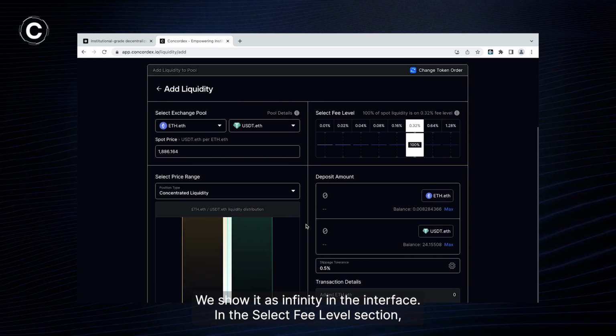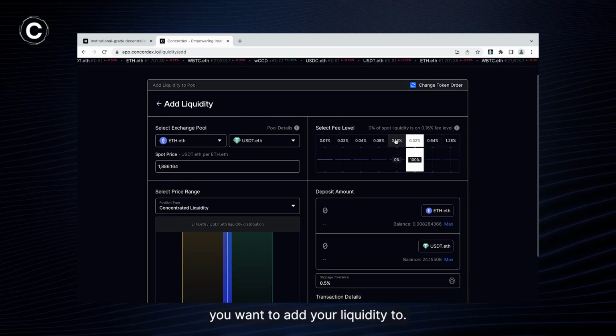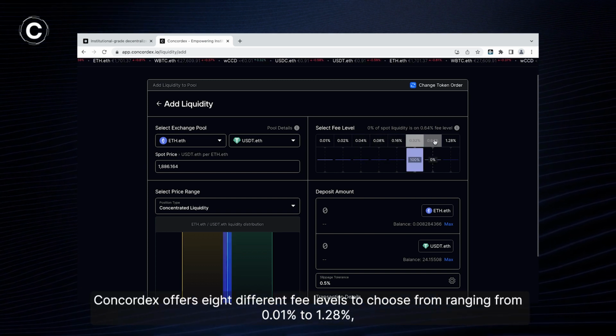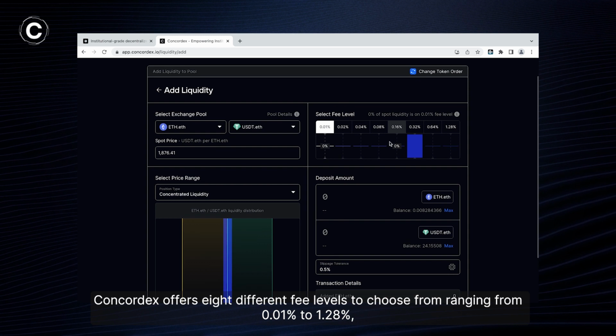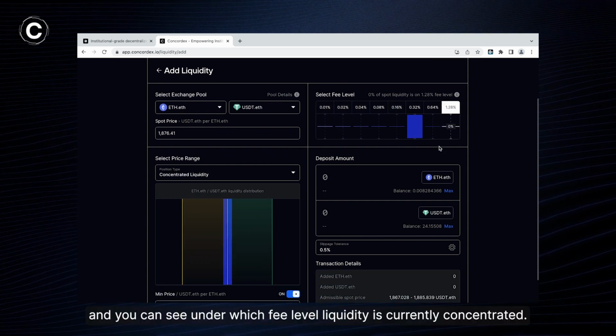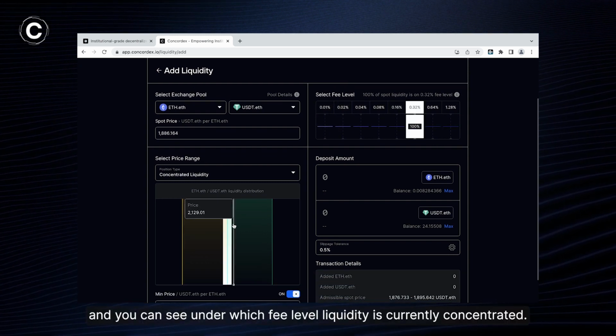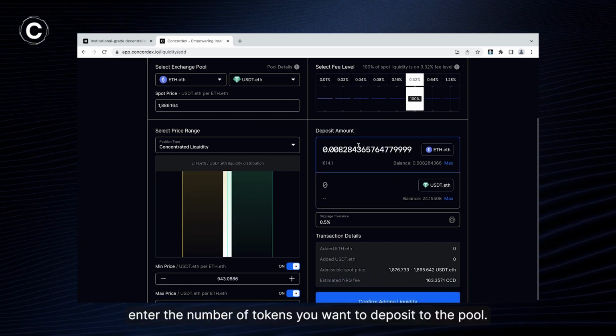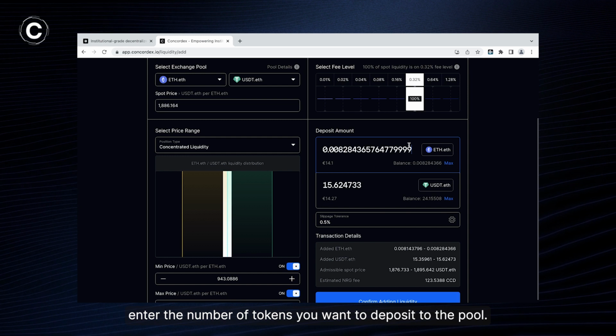In the Select Fee Level section, select a fee level you want to add your liquidity to. Concordex offers 8 different fee levels to choose from, and you can see under which fee level liquidity is currently concentrated. In the Deposit Amount section, enter the number of tokens you want to deposit to the pool.